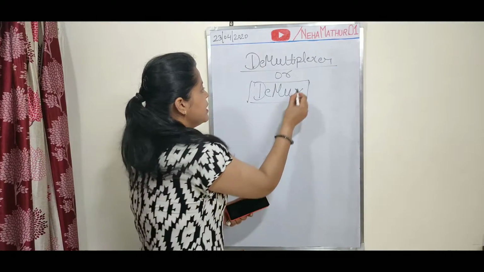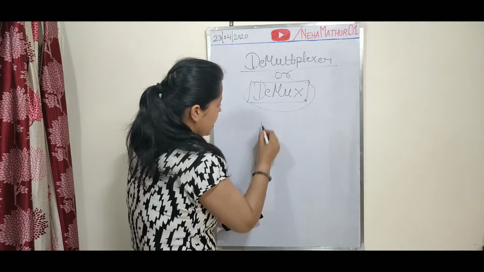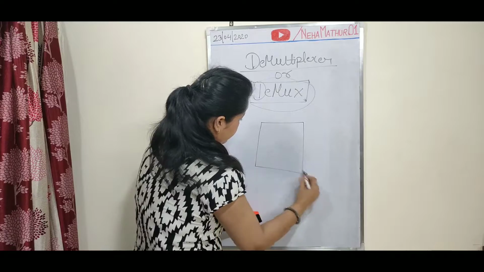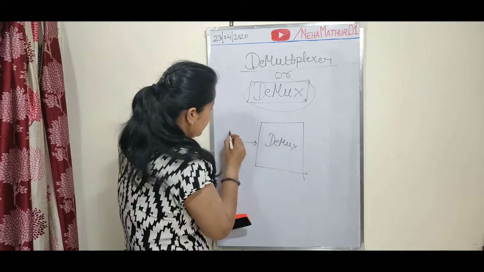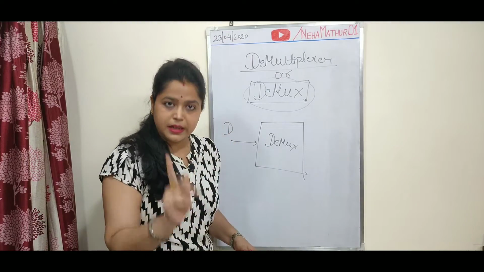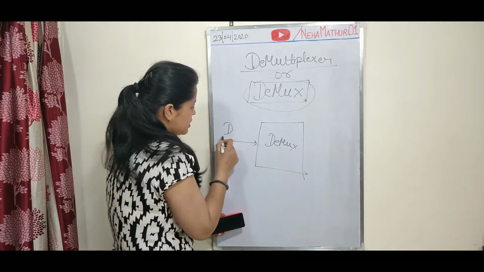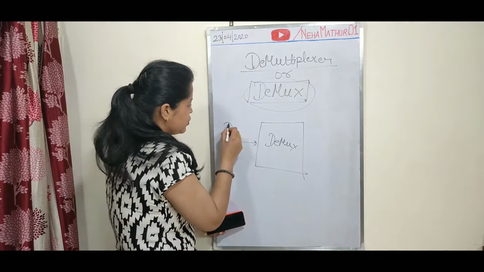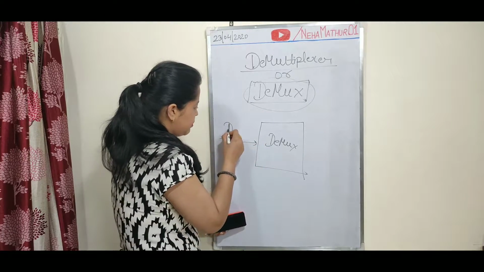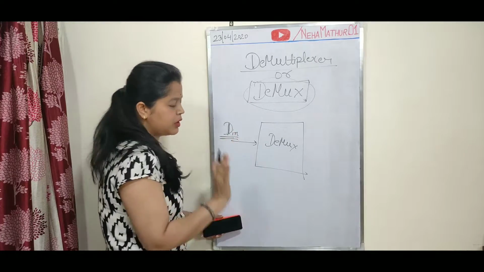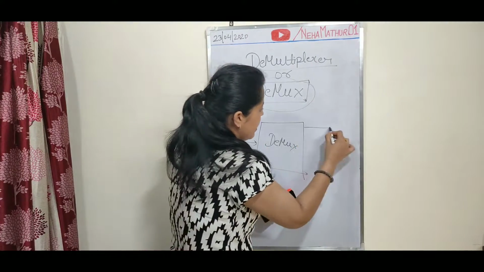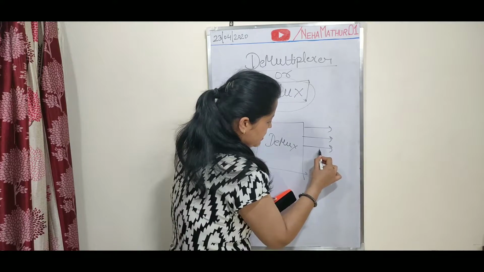So for demultiplexer, you will have a single input terminal. Since this is input data, the single input terminal used to supply the input is represented by D in, that is data at input terminal, while we will have a number of output terminals.